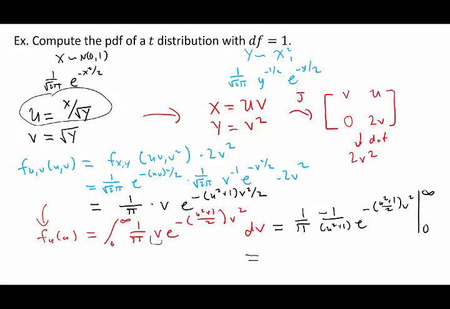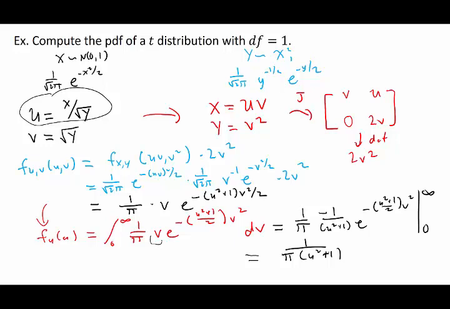So now we just plug in our limits, right? And the result will simplify to 1 over pi times (u squared plus 1). And voila, we have the PDF of a t-distribution with degrees of freedom 1.